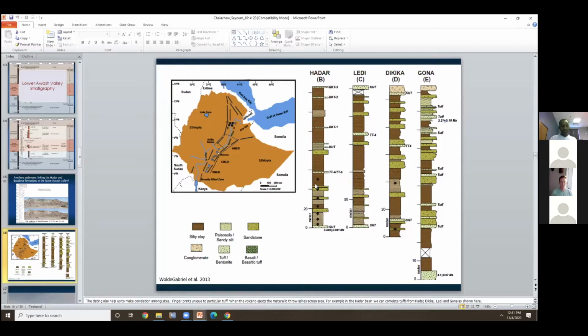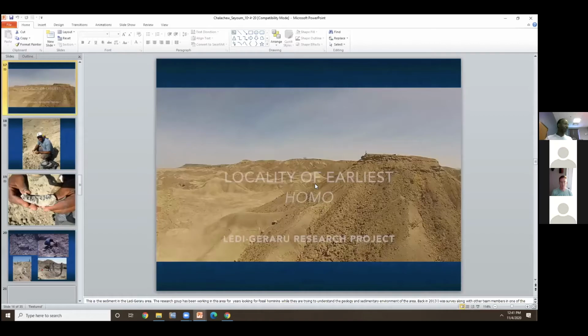So then, this is what the sediment looks like where the Ledi jaw was discovered, and this is what it looks like in the Afar region. These are the sediments. We go there and make a survey every day as a group.